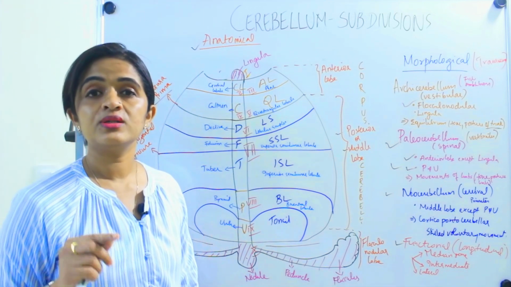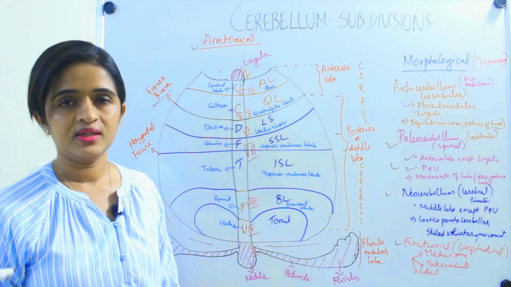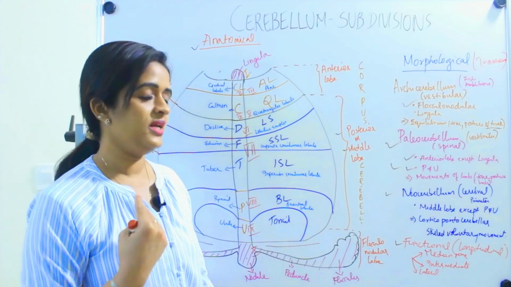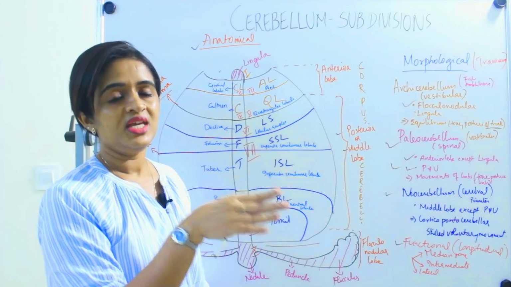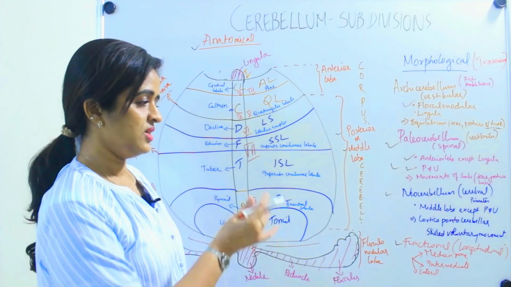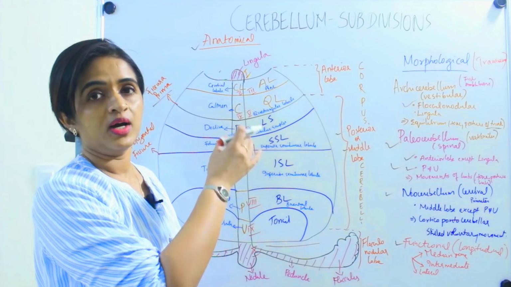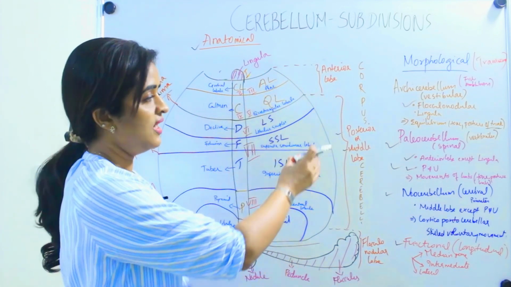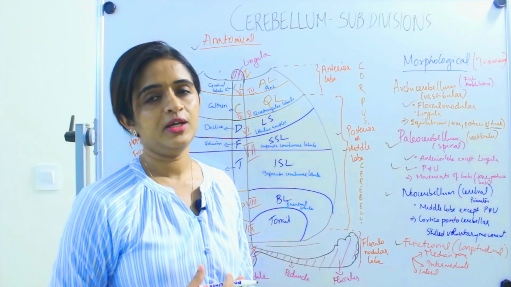It is based on the connections with the deep cerebellar nuclei. In the coming sessions, I will discuss the deep cerebellar nuclei, and then it will be easy for you to understand how these zones connect to each group of cerebellar nuclei. So please do keep watching. For the time being, just remember that functionally, longitudinally, you have three main zones: the median zone, the intermediate zone, and the lateral zone, based on their connection with the deep cerebellar nuclei.